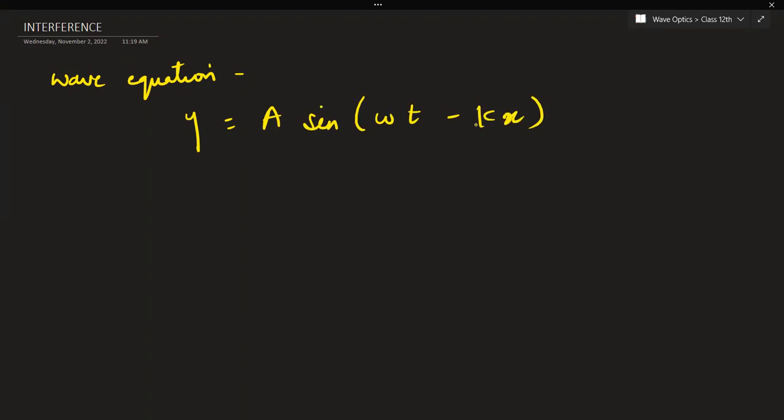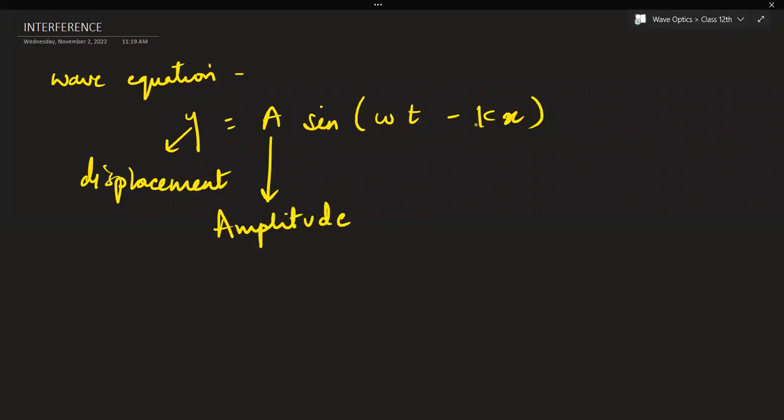We have already revised such equations in AC, and in EM waves also we had equations. Here y is the displacement. A is the amplitude. Amplitude means the maximum value of displacement from the mean position. Sine is the trigonometric function.